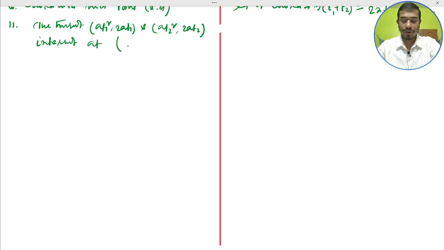The point is very important: (a t1 t2, a(t1 plus t2)). This is the point of intersection.